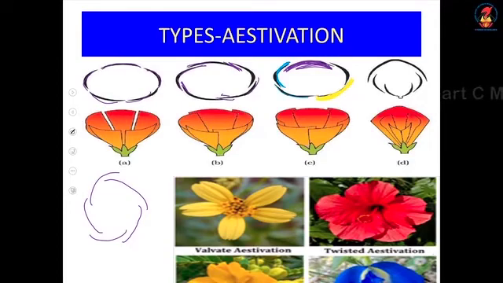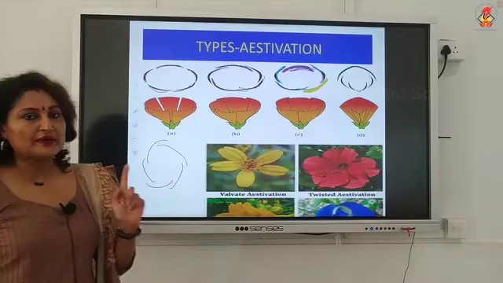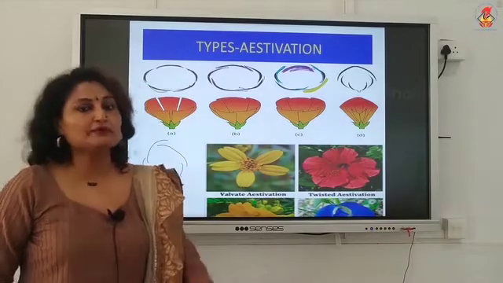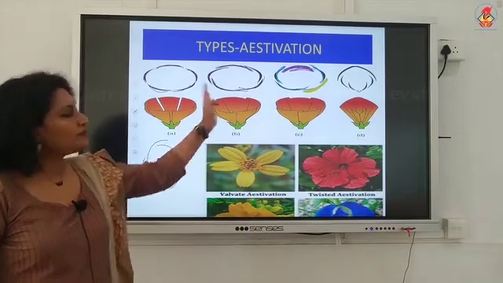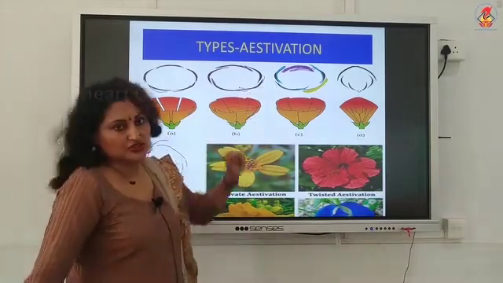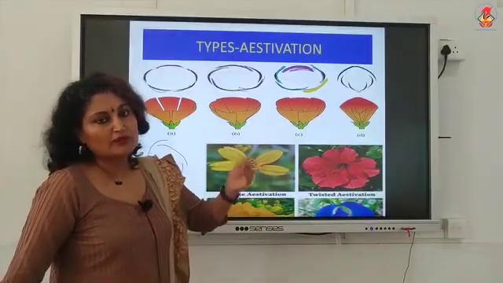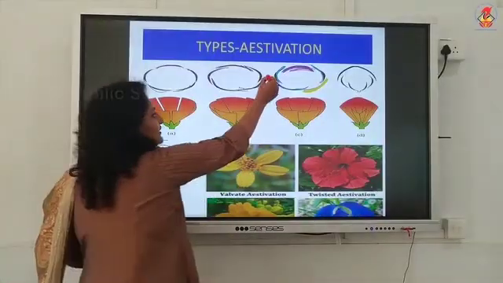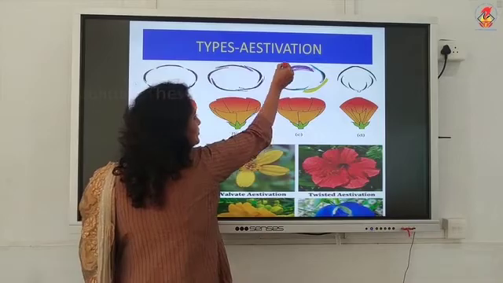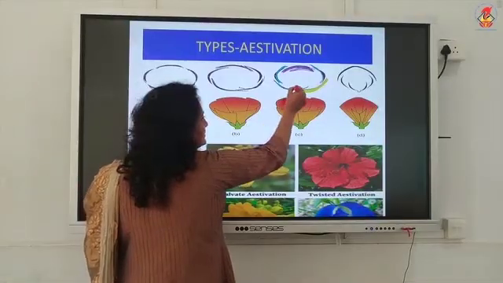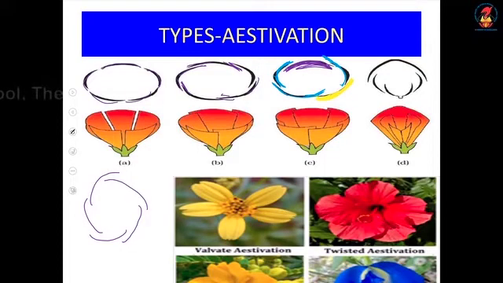See, one overlapping the other. So what is imbricate? One petal is completely in, one petal is completely out, whereas the remaining three petals show twisted aestivation. What is twisted aestivation? One margin overlapping the other. See, one is overlapping, whereas the other one is out. This part is out and this is in. Clear? This is imbricate aestivation.